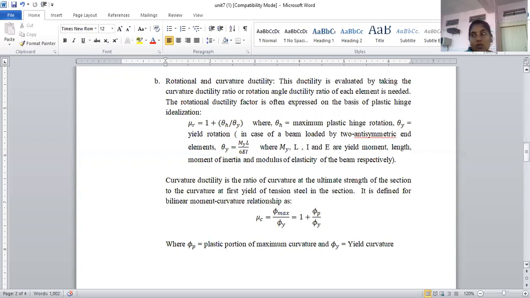So we'll understand what is this theta h and theta y.